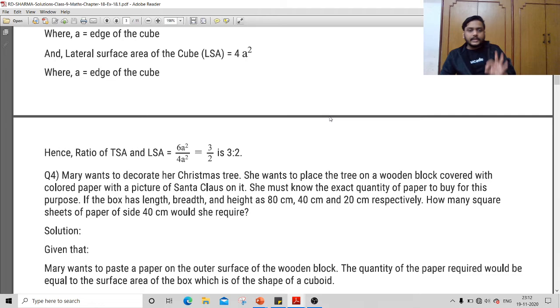So now if you see, if the box has length, breadth and height as 80 centimeter, 40 centimeter and 20 centimeter respectively, then how many square sheets of paper of side 40 centimeter would she require? Let me quickly write the dimensions, then we do this question. 80, 40, 20 and 40.